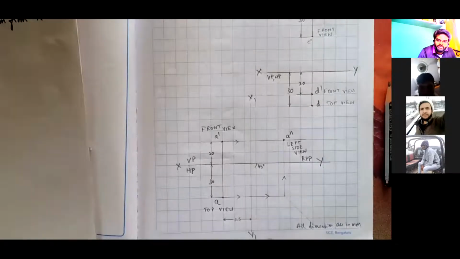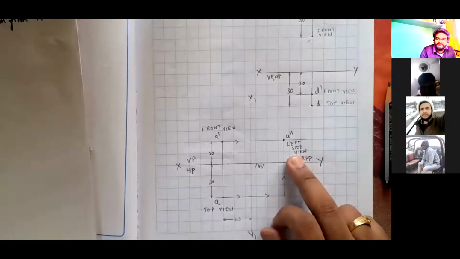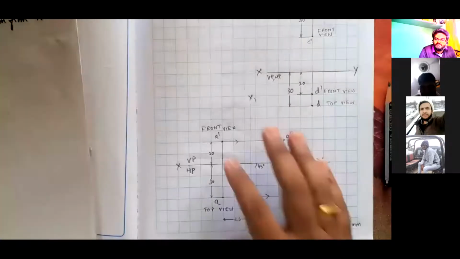You move your head towards your left, see the particular object, and then project it on the right profile plane. Then it is a left side view. You see the laptop in front of you, move your head towards the left, see that laptop, and if you project it on the right wall, then it is the left side view of a particular object. Here we are starting with a point called A according to this problem.